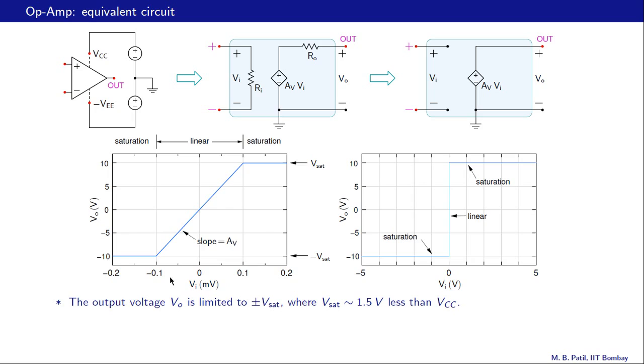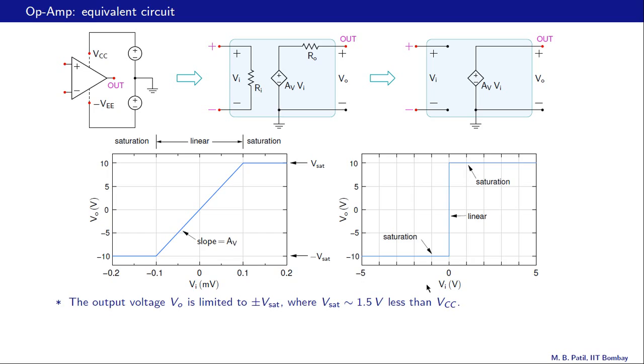So notice that these voltages are very small. 0.1 millivolt is 0.0001 volt. And these scales definitely are far apart, the X and Y. These are volts, these are millivolts. And if we plot this VO versus VI relationship using similar scales for the X and Y, then we will see something like this.